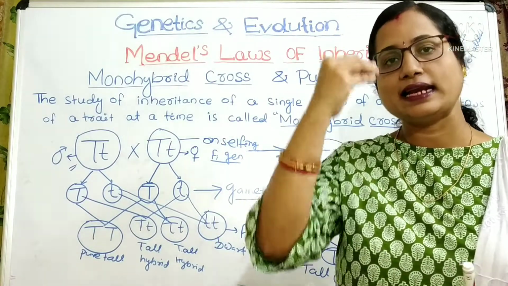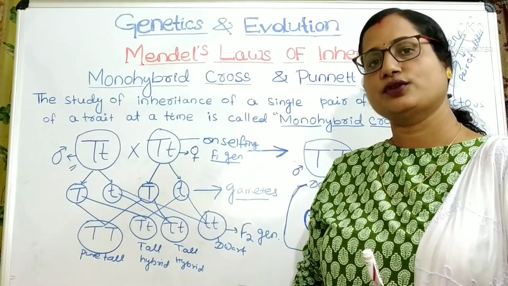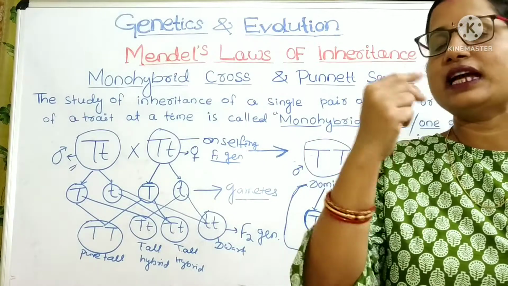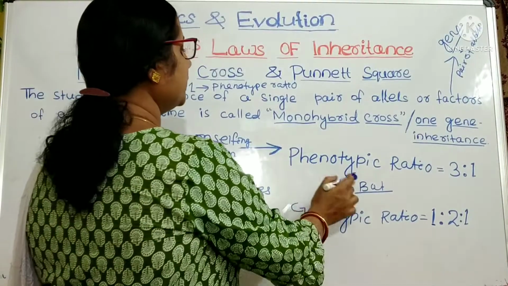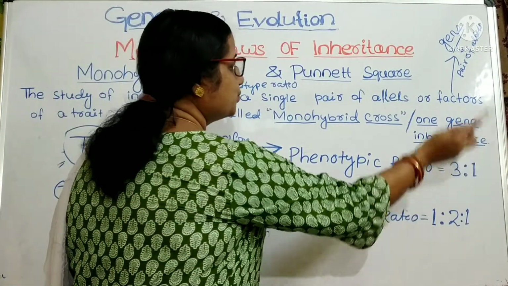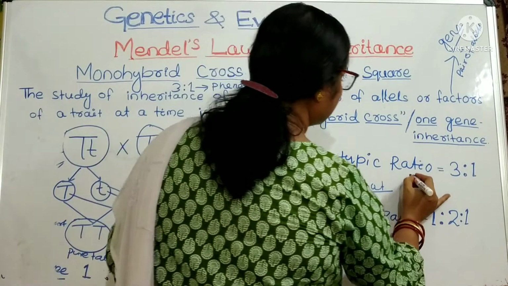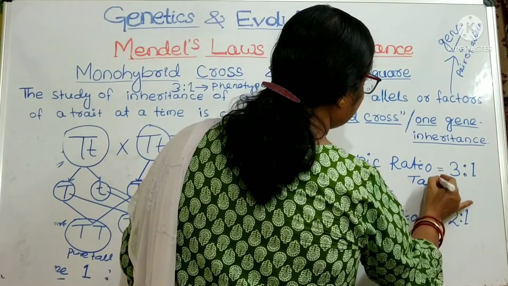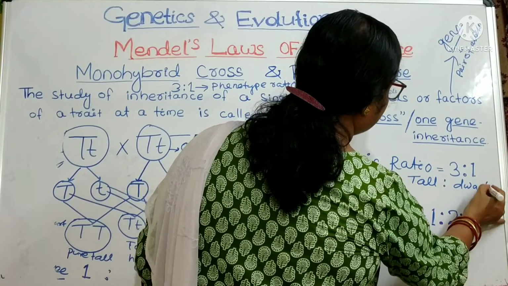Phenotypically, by observing the morphological character we can see two type of plants. So the phenotypic ratio of monohybrid cross is 3:1 because three are tall and one is dwarf.